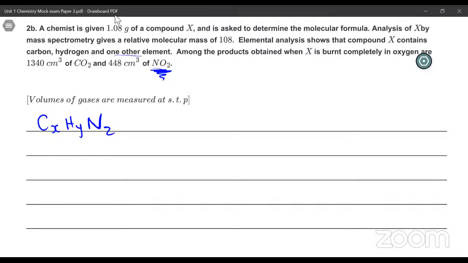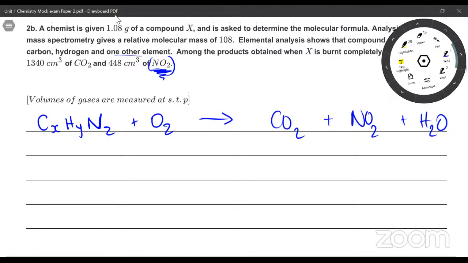It's right here, nitrogen, plus O2, burns to give carbon dioxide, nitrous oxide, and water. The H comes from the hydrogen here, or the water, basically.